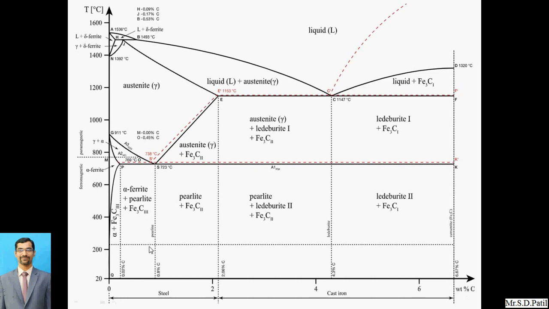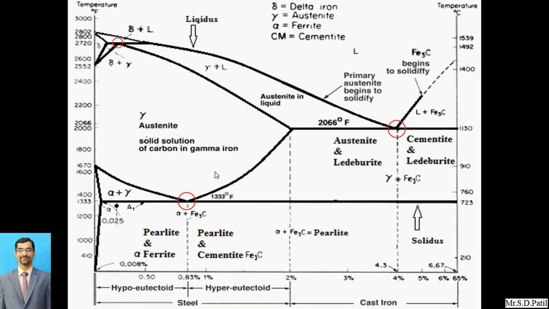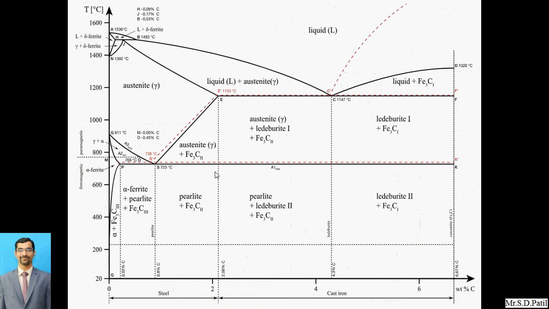Again we can see this will be alpha ferrite, and alpha plus Fe3C, that is the cementite phase. At a constant temperature, when the carbon percentage goes on increasing, it will be a pearlite phase. This kind of phase transformation occurs in the Fe-Fe3C diagram, and we will discuss it further in the later parts of this lecture.